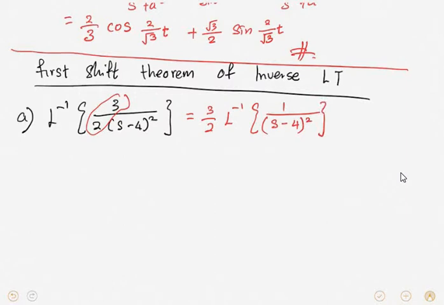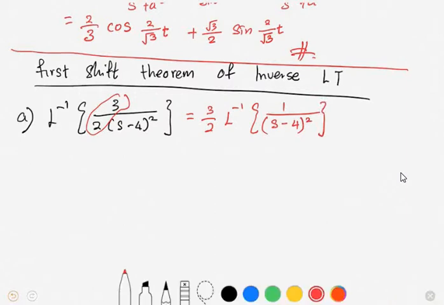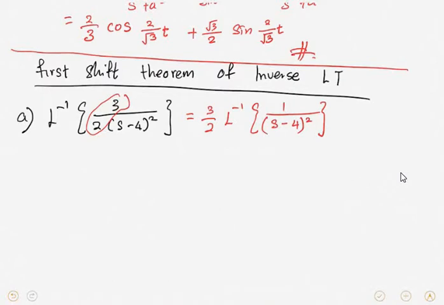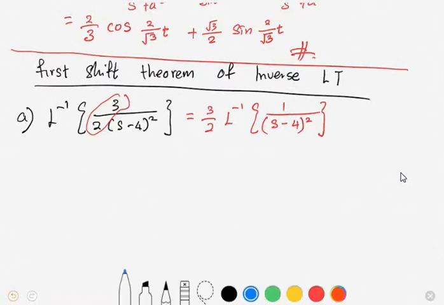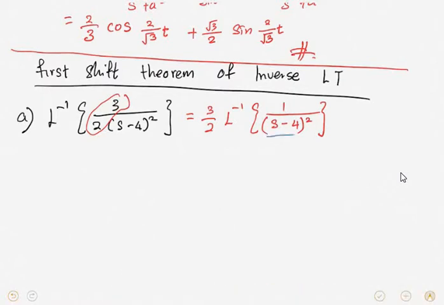What else can we do? Okay, s minus 4, it's a shifting. So we can change using the table of Laplace transform, e to the power at equal to s minus a. Okay, we can use this one.